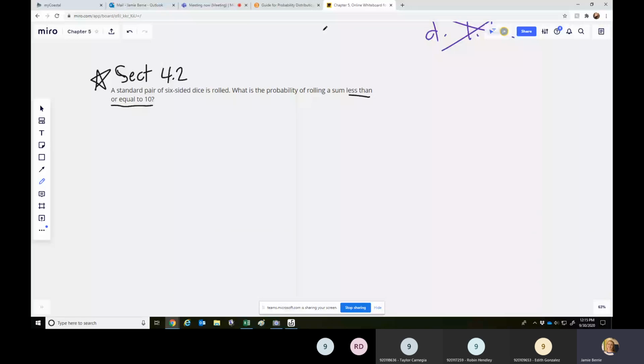Okay, so let's think about rolling 2 dice. This is our experiment, rolling 2 dice. Right now we're going to figure out the total number of options that you could roll. So that's your roll 1, here's your roll 2. And remember the fundamental principle of counting told us that we can find the total number of outcomes by taking our first roll, figuring out how many options there are for it.